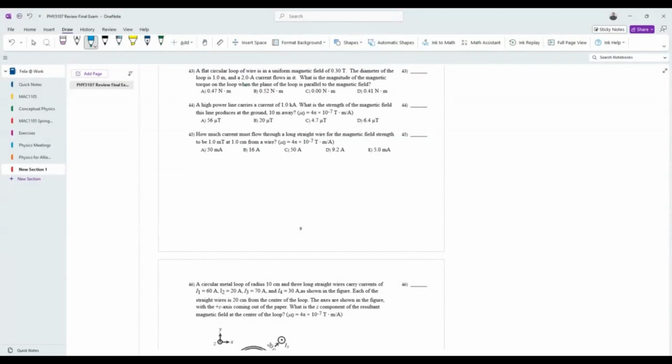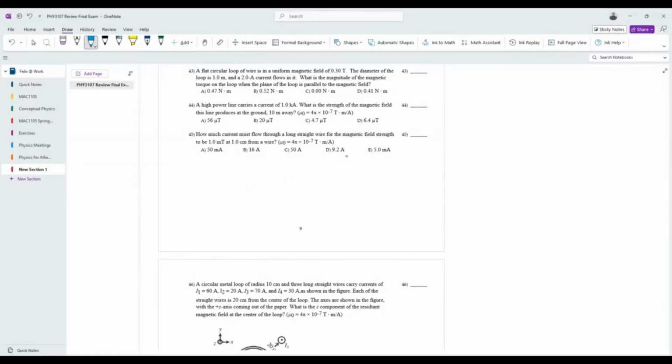The diameter of the loop is 1 meter, and a 2 amperes current flows in it. What is the magnitude of the magnetic field torque on the loop when the plane of the loop is parallel to the magnetic field?